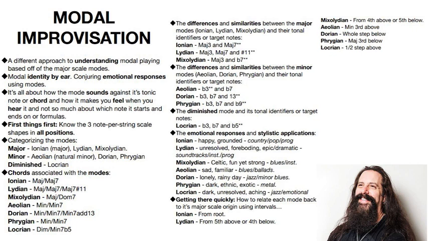As far as how to get to it quickly, this one's really easy. All you have to do is go down a whole step and think of that major key. So I was in A minor. If you go down and think of playing in G major, you've got it. Just playing in G major all day long.